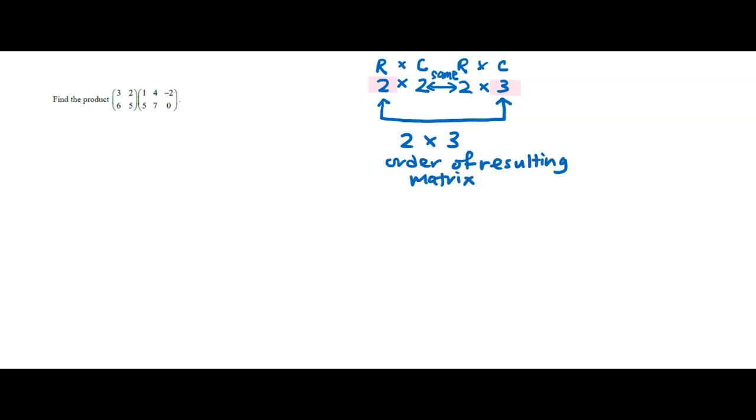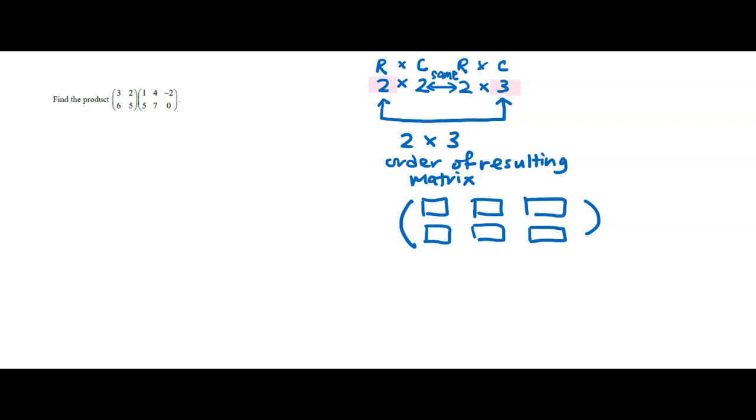This means I expect my resulting matrix to have 2 rows and 3 columns, whereby these are just spaces for you to fill in the entries. So this is the preliminary.